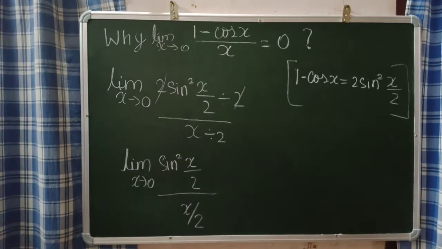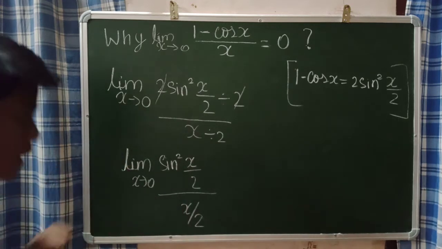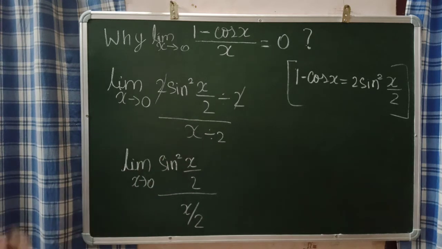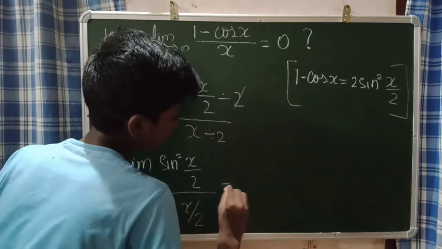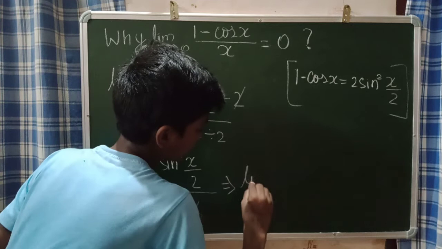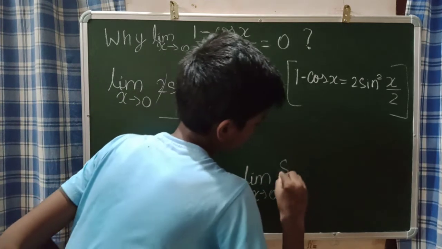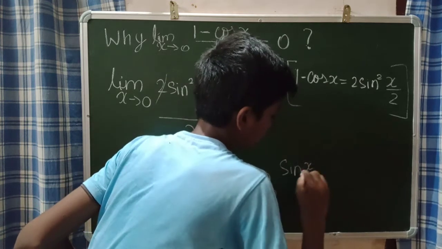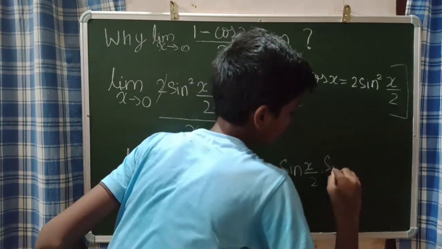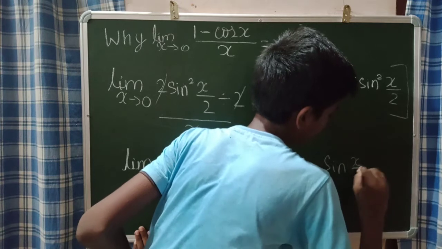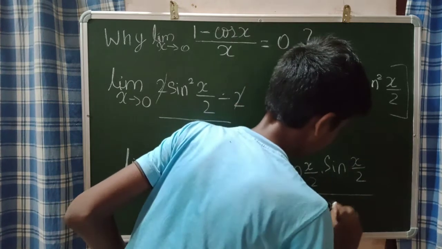Now the next step is to write sine square x by 2 as sine x by 2 into sine x by 2, then divided by x by 2.